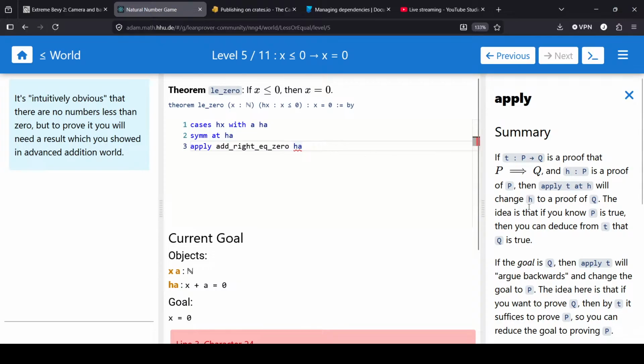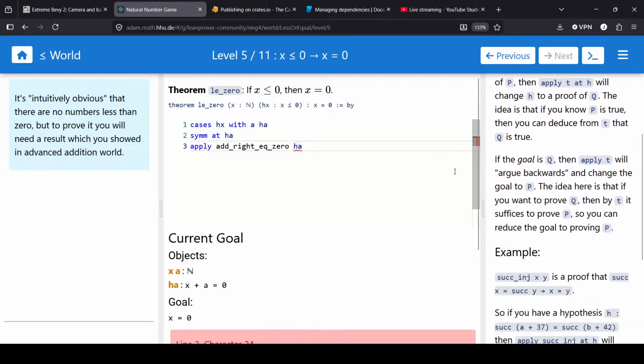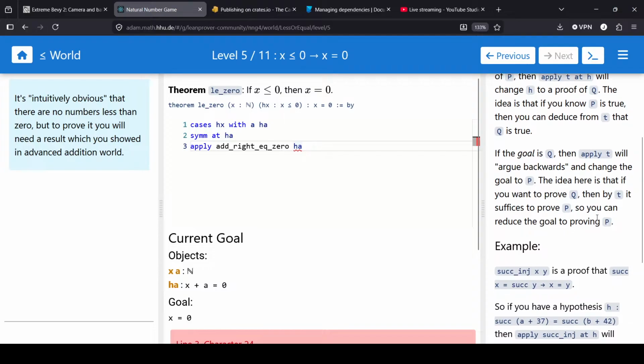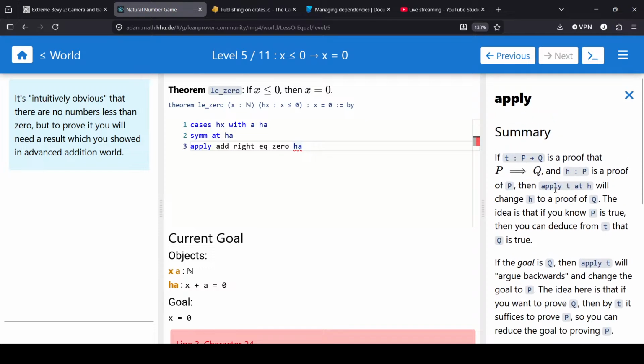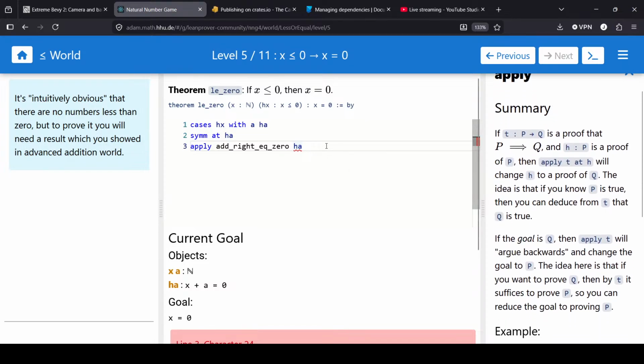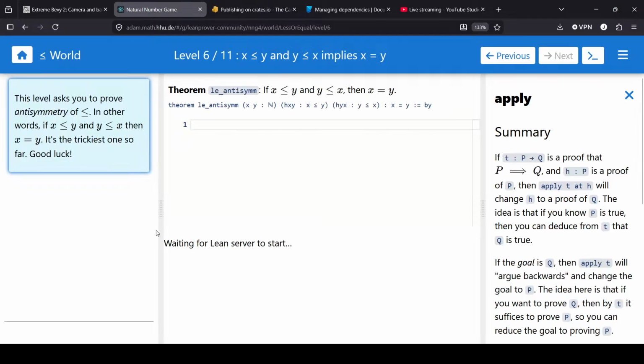But no, I am. Okay, how do I do this again? Apply T at H. At ha. There we go. And then I can refl, and then we're good. No? Oh no, exact. It's exact ha. There we go.